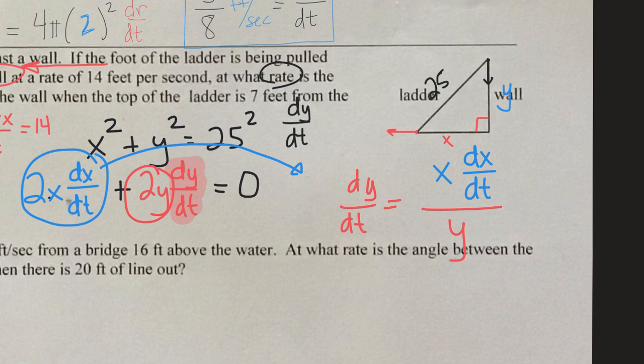So we subtracted the 2x dx dt, and then I divided it by 2, so 2 divided by 2 is 1, and I need to make sure that my x is negative, right? We're moving down, so it makes sense that our answer would be negative.